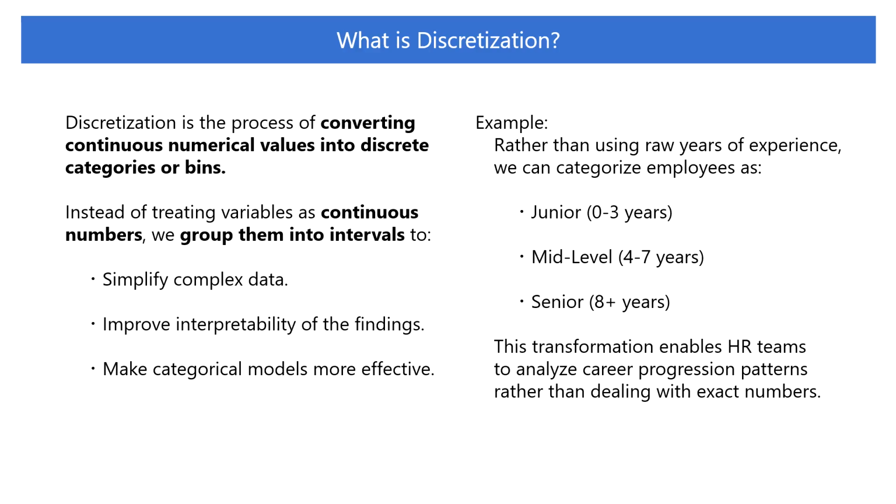For example, rather than using raw years of experience, we can categorize employees as junior, mid-level, and senior. This transformation enables HR teams to analyze career progression patterns rather than dealing with exact numbers.